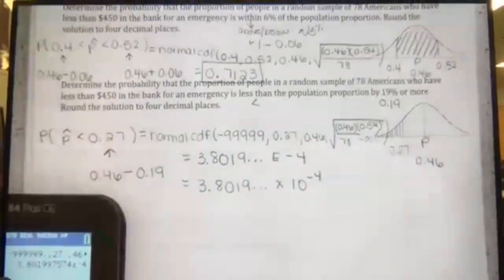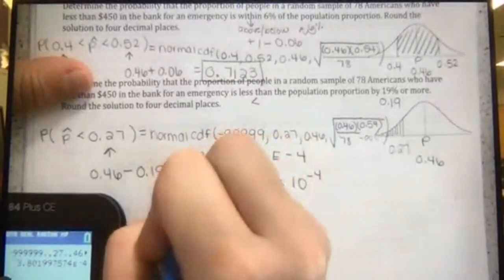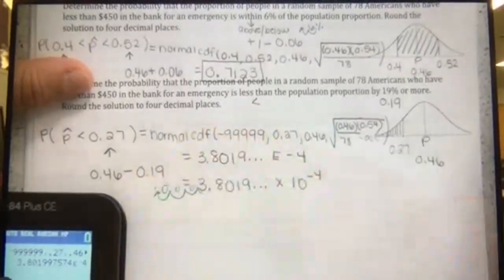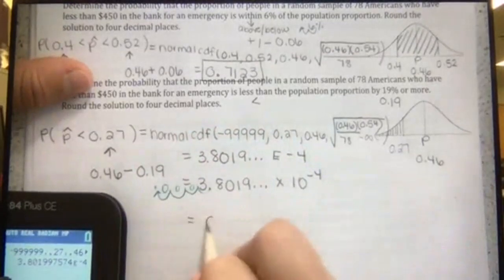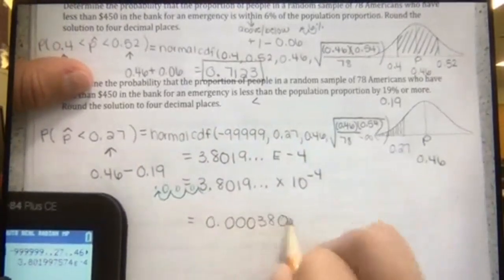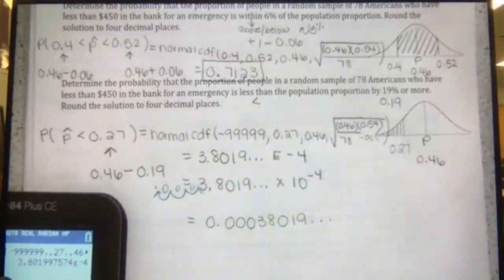So that just means you're going to move the decimal 4 places to the left. So 1, 2, 3, 4, filling in all of our gaps with zeros. So we would get 0.0003819 and so on. The question told us to round to 4 decimal places.